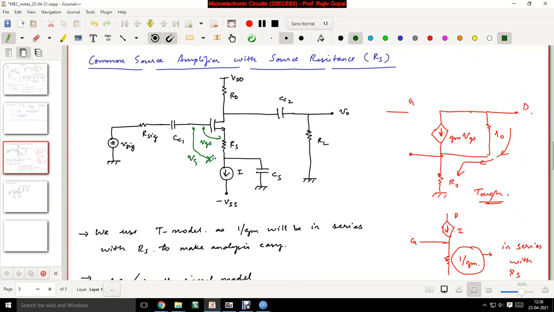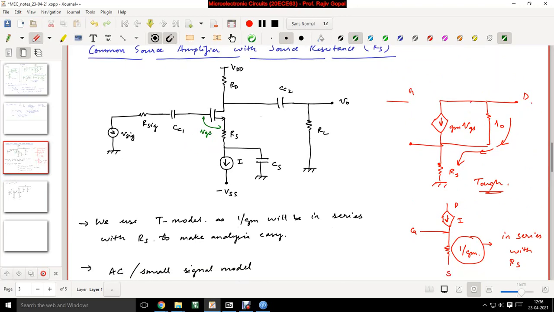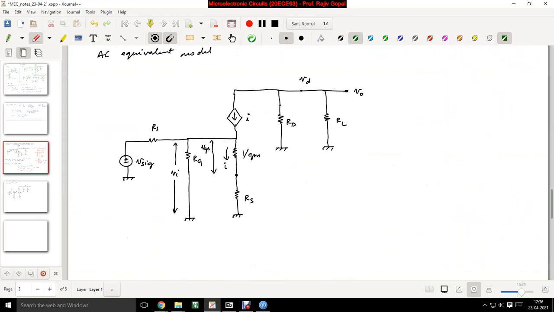It will not include RS, right? So VGS is just the gate-source voltage, right? So across 1 by GM you will have a voltage of VGS, plus minus, right? Clear? Any queries still here? This is ID. I will call this current ID, drain current.